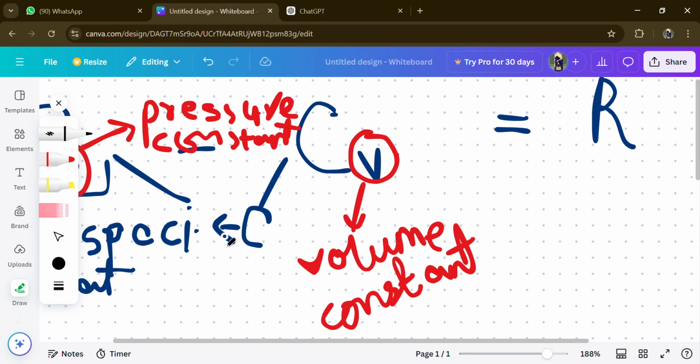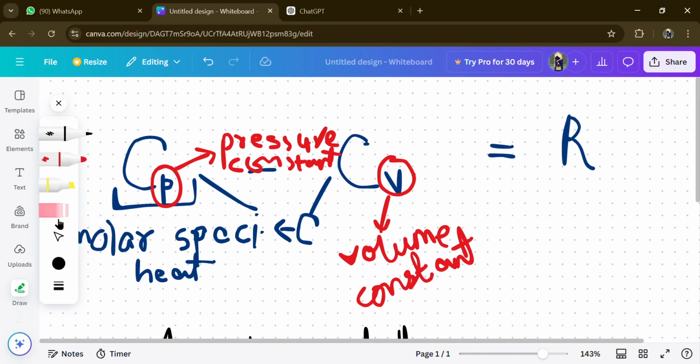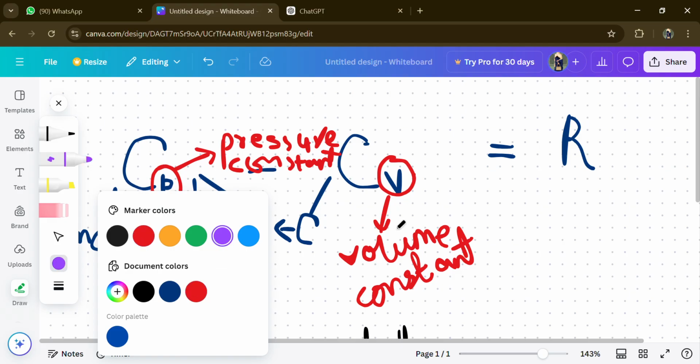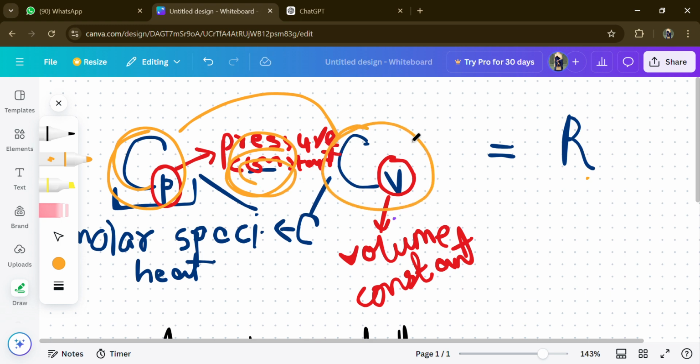Now, if you have gone through this equation in depth, let me change the color of my pen again. You might have seen that Cv is being subtracted from Cp. That shows that Cv is the lesser value, and this is the condition that Cp is always greater than Cv.